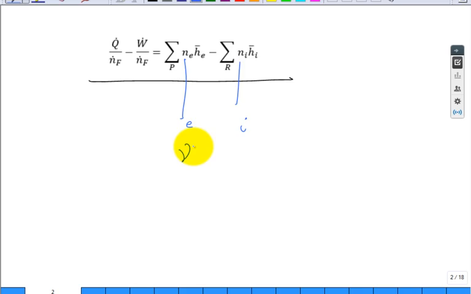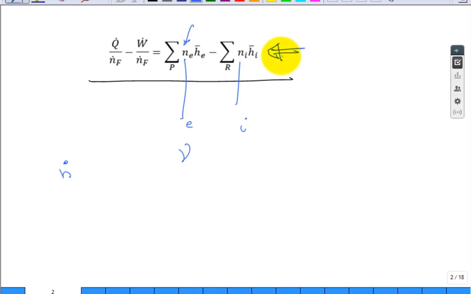Why don't I really like N instead? Well, because it's so close to N dot. That N there is a stoichiometric coefficient in your balanced reaction equation, where you have 1 in front of the fuel. And so this is the first law, in the preferred way of writing it in this textbook.